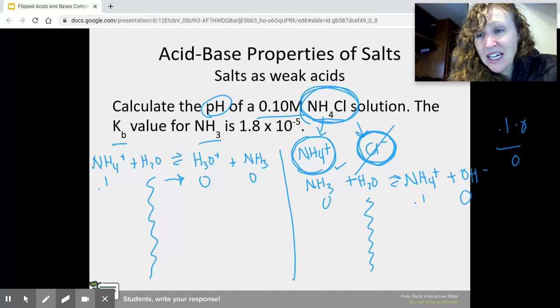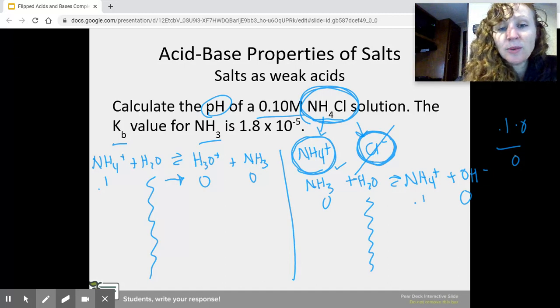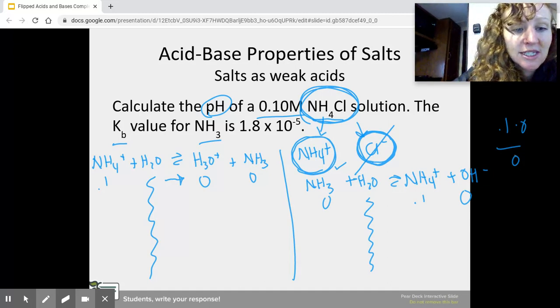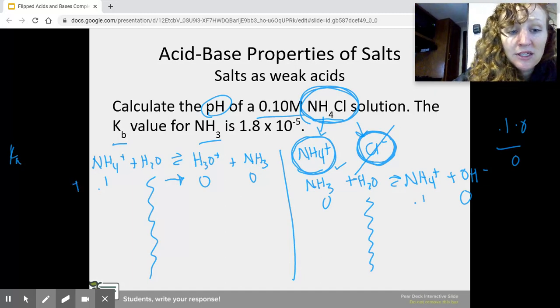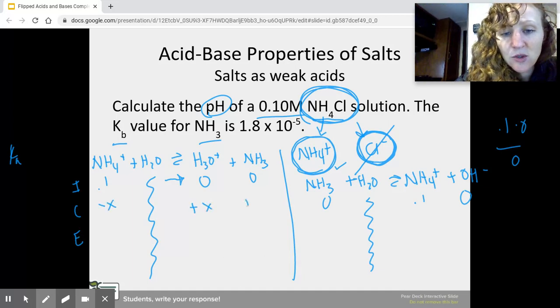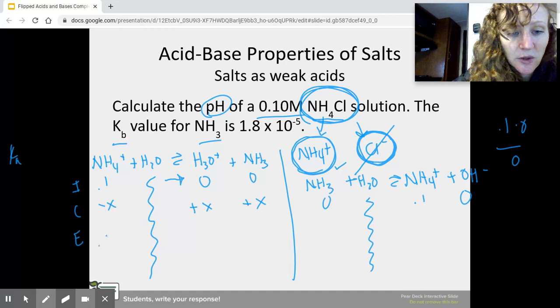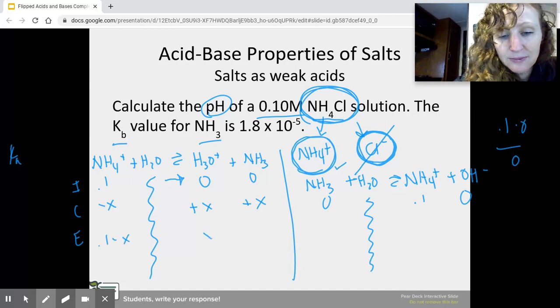It's definitely not as clean of a calculation. So I'm going to go with the first one, which is an acid equation, meaning I need a Ka. Let's fill in the ice chart before we deal with Ka. Negative X plus X. It's a weak acid, so our change is going to be an X.